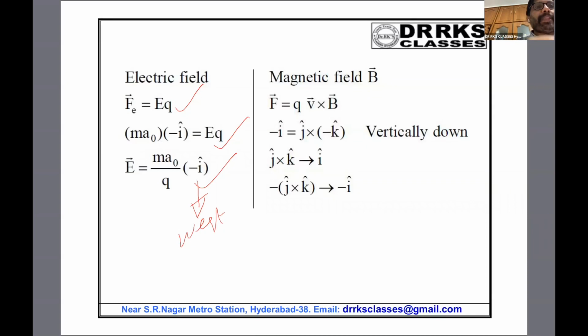Next, the magnetic field direction is given by F is equal to Q into V cross B. The direction of F is west, and the direction of velocity is north, that is j cap. From that, you will get the direction of the magnetic field, which is minus k cap, representing vertically down. Now based on this, you can answer these questions.